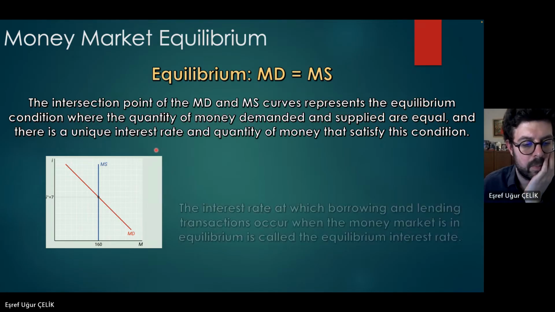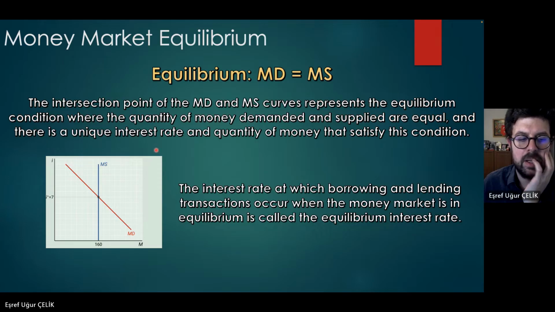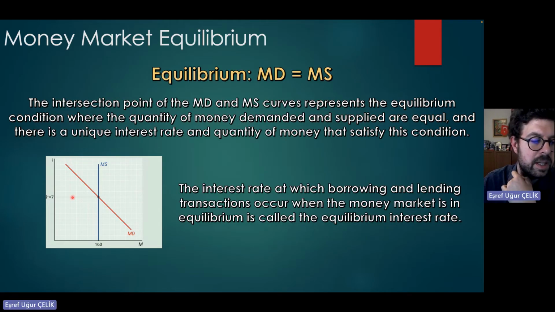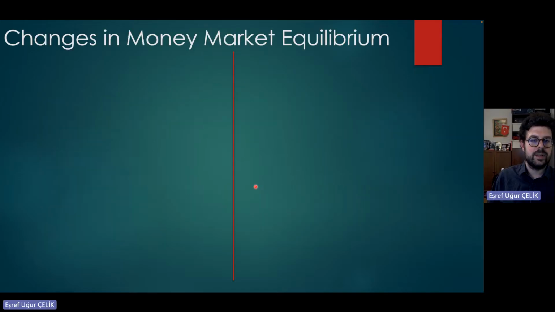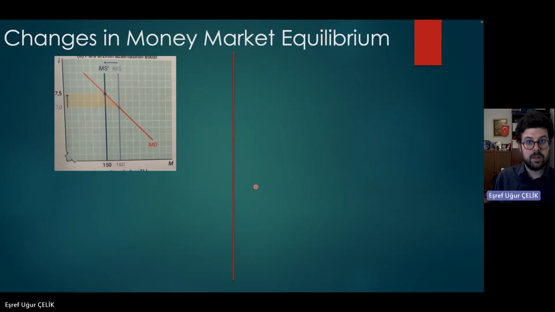At that intersection point, as I said, it gives the equilibrium interest rate that can determine the borrowing or lending condition of transactions in the money market. That part is important.